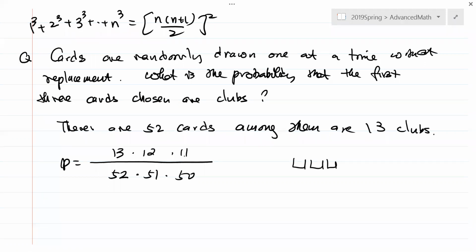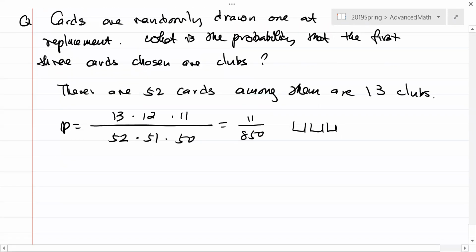After you simplify, you can get rid of 13 and 12. So it's 11 over 850. So this will be the simplified formula. If you know how to do counting, then you know how to do the probability problems. That's why we have a chapter before that about counting.